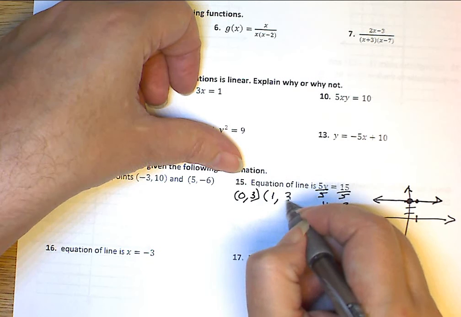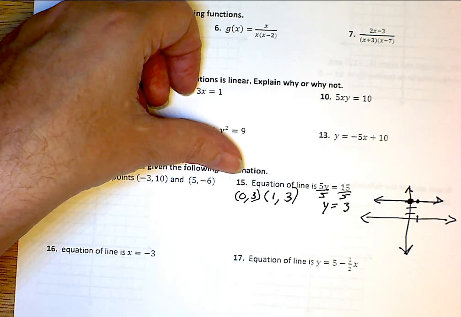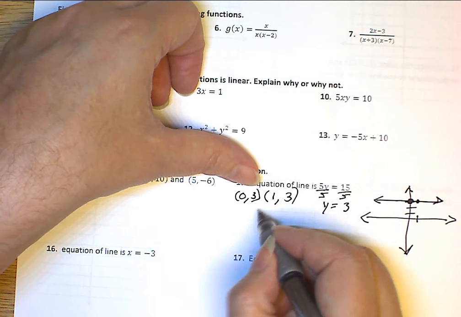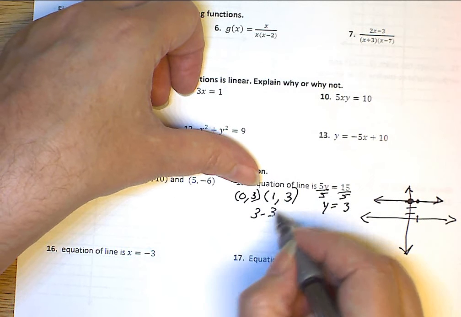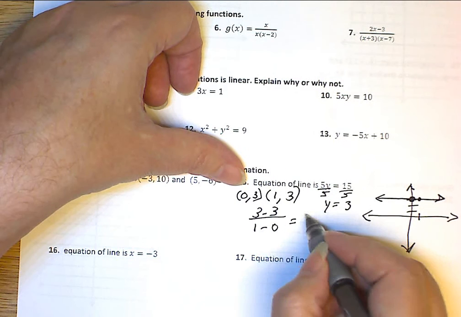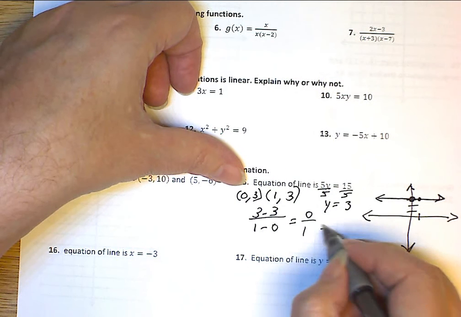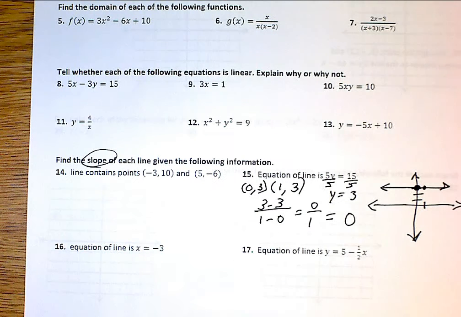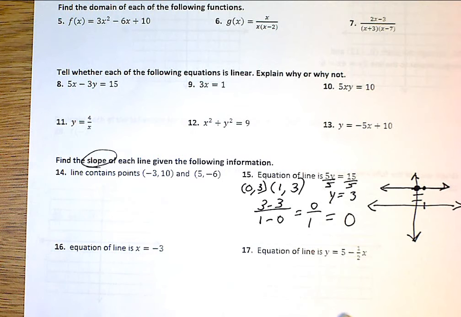But you can definitely memorize that it is 0. Then your y is on the top, so you go 3 minus 3, and then over 1 minus 0. So 3 minus 3 is 0 over 1, which is 0. Questions on 15?